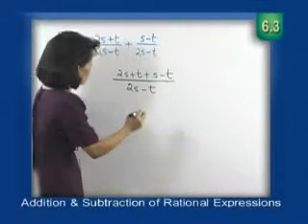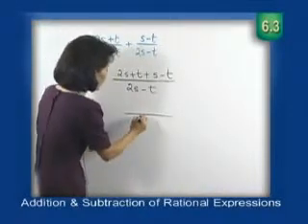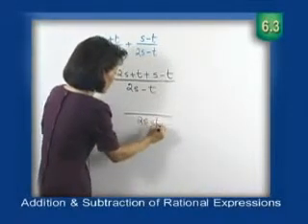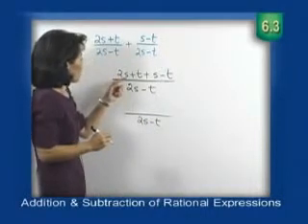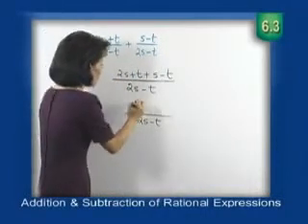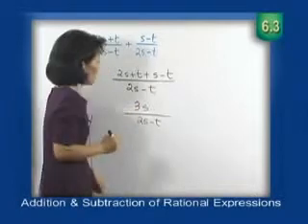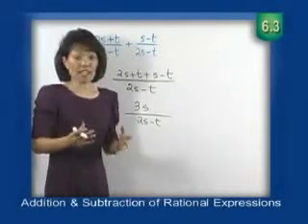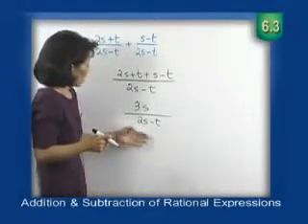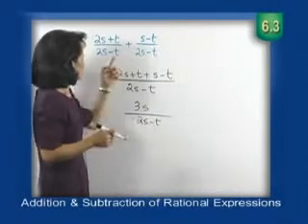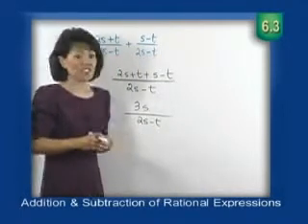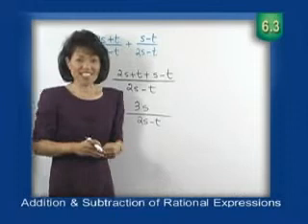Combine like terms. Denominator remains the same, 2s minus t. We have 2s plus s, which gives me 3s. And notice we have t minus t, which gives me 0. So the final answer for adding these two together is 3s over 2s minus t.